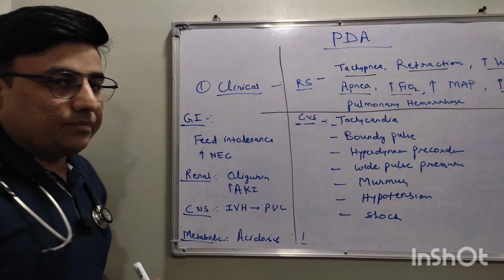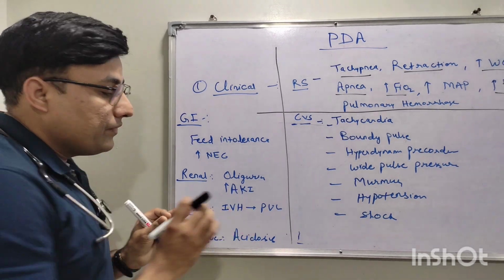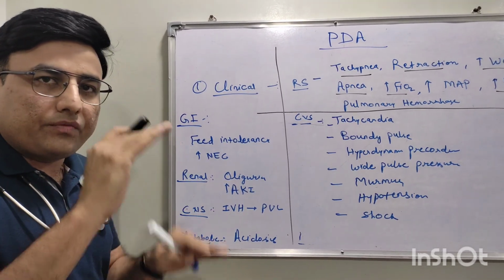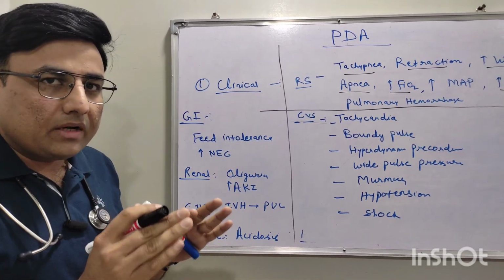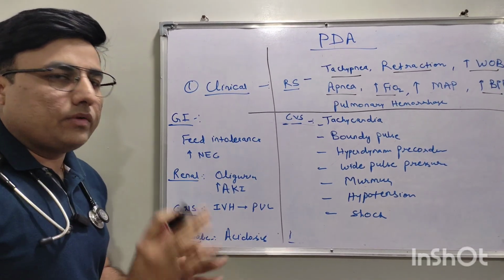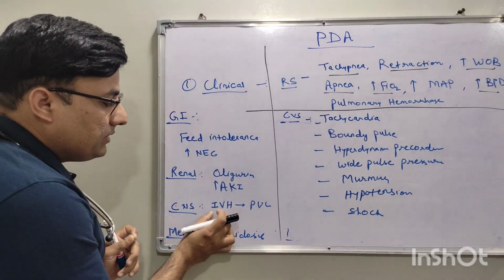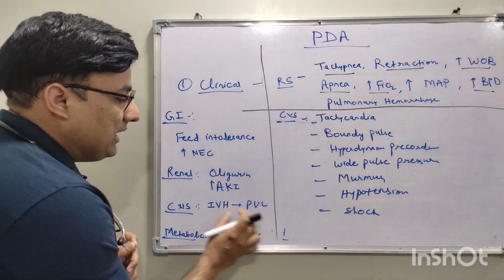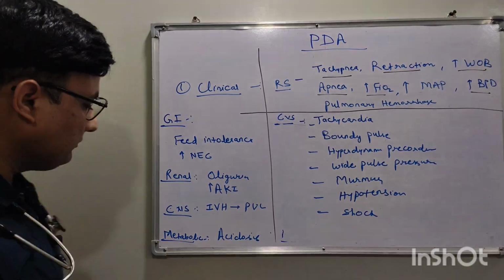Next is CNS. In CNS, the baby can have increased risk of IVH because of hypoperfusion reperfusion injury. Initially hypotension and hypoperfusion will be there, later on reperfusion will be there. Because of that hypoperfusion reperfusion injury, the baby will have increased risk of intraventricular hemorrhage and later on increased risk of periventricular leukomalacia.